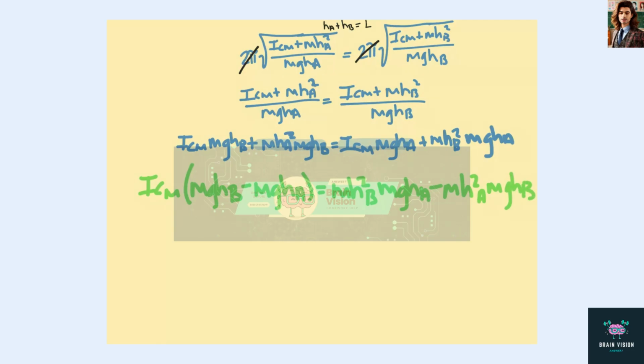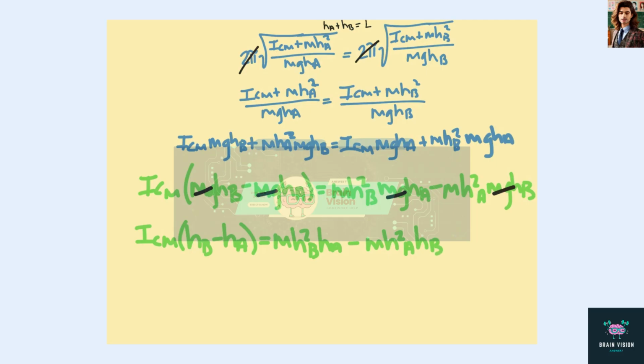And we can simplify again and get rid of the mass and gravity from all of our terms, because it is in all of the terms, which will then give us the equation ICM (HB minus HA) equals M H squared B HA minus M H squared A HB.